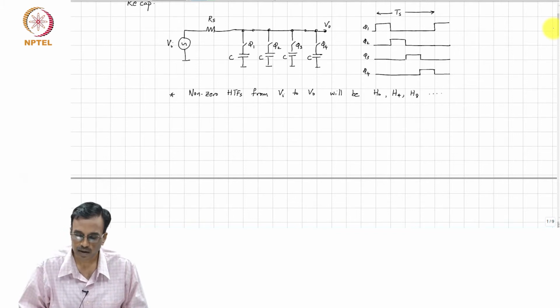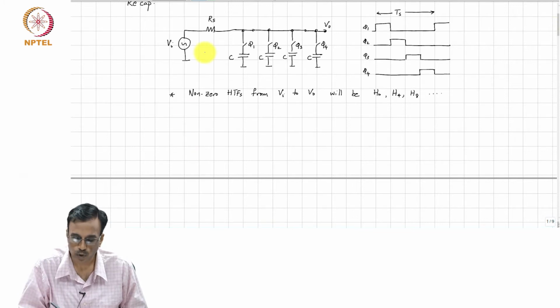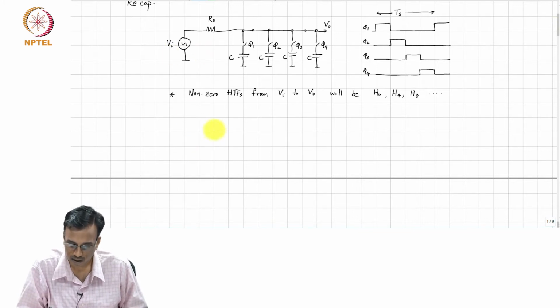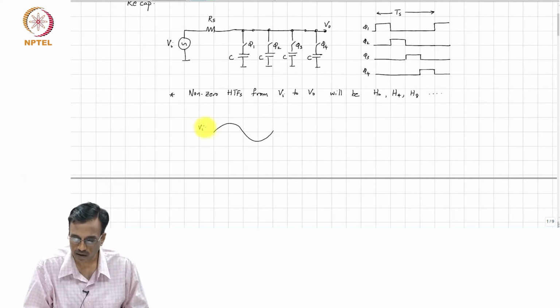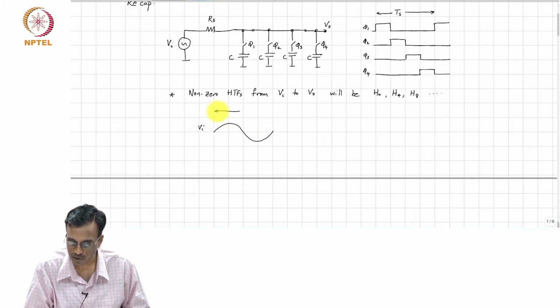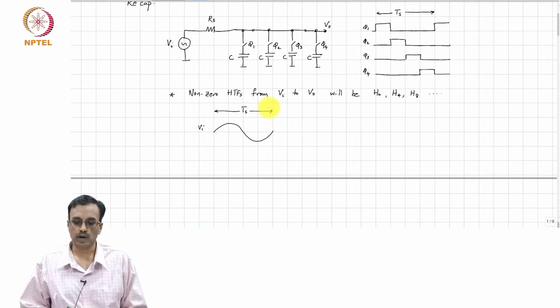And to see that, well, if you look at a sinusoid, let us say V_I looks like this. So, we have been assuming that one time period is 4 units. So, let us say V_I is this, and obviously this also happens to be the time period at which the switches are opened and closed.